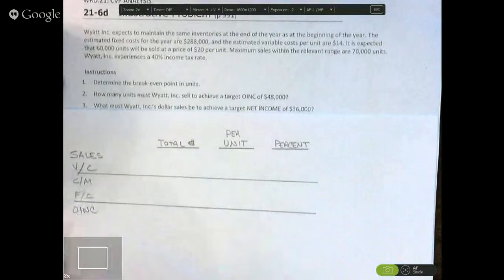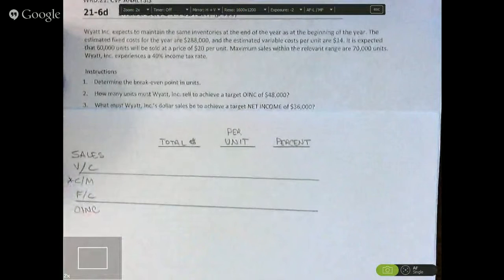The contribution margin is the item that's going to be the key to all of the exercises, because you need a minimum contribution margin to cover fixed costs and any operating income that's necessary to cover selling, general, administrative, interest, and tax expenses.